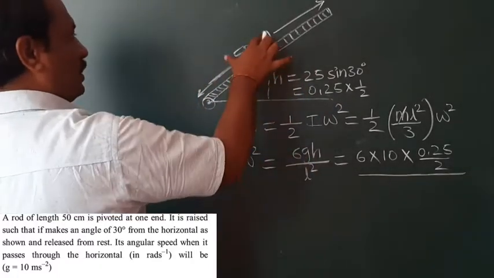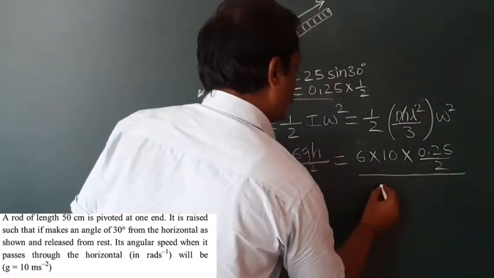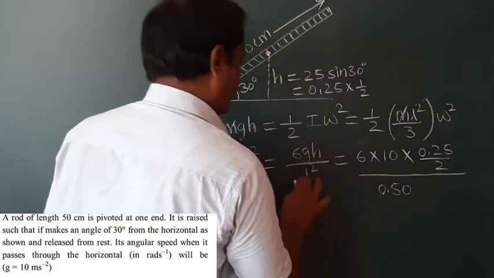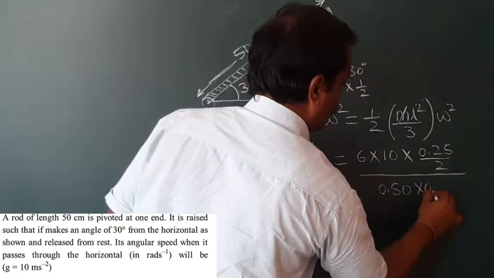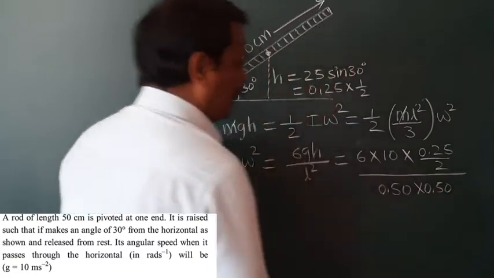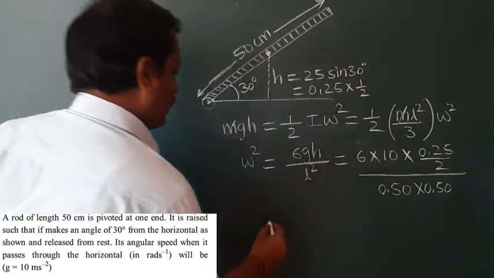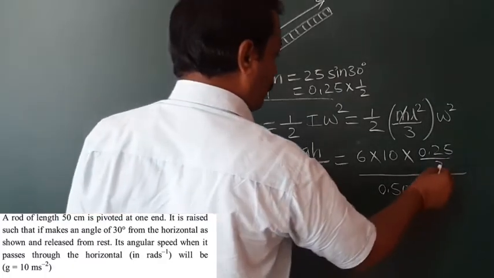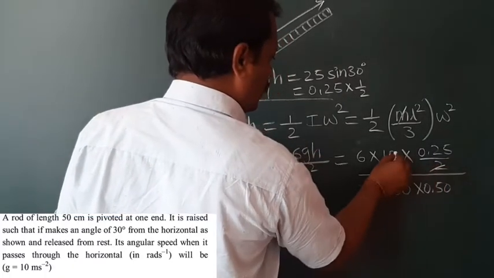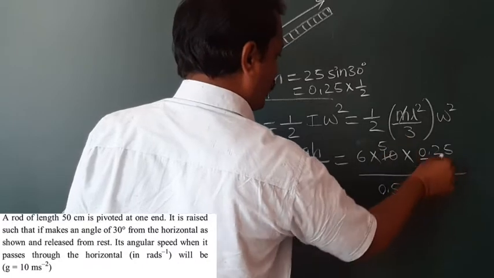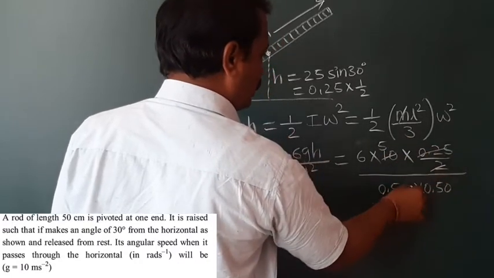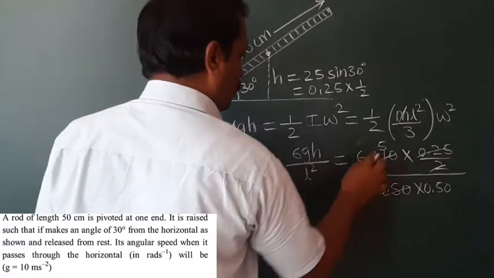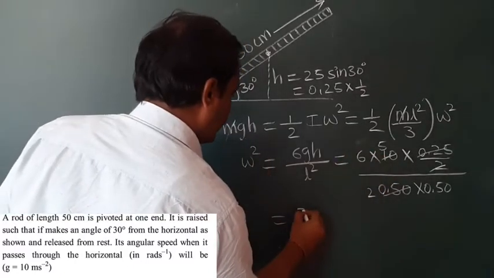So L is 50 centimeter. In SI system it is 0.50 or 0.5. So it is squared. Therefore we write 0.5 into 0.5. Now you simplify this. Now what happens here? 2 ones are 2, 5s are... here 0.25 ones are 0.25, 2s are... Now 6 into 5 is 30.